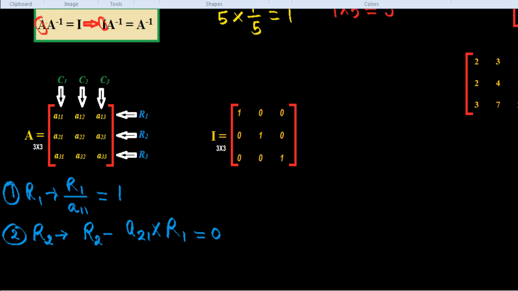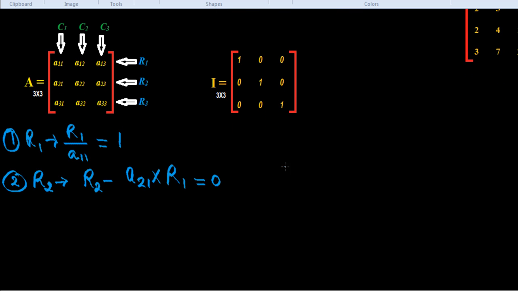The same process we have to do for R3, for A31 also. R3 becomes R3 minus A31 times R1, because we have to make A31 zero, and R1 is already 1 there, so we get 0 here also.